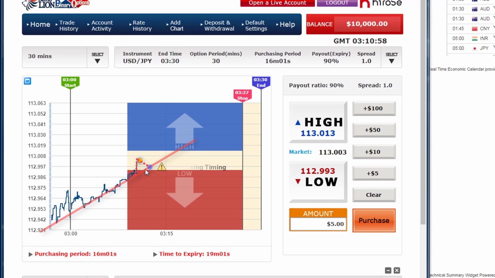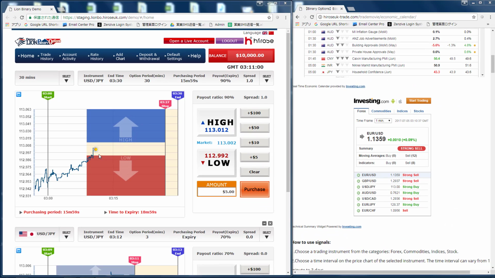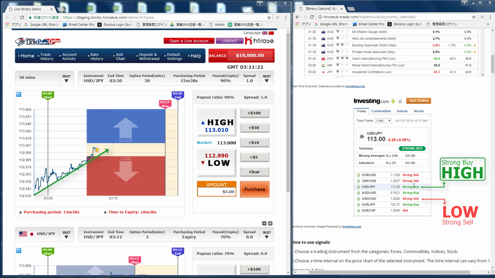And when you use this 303 strategy together with the signal, you just have to look at the signal that it gives out, whether it's strong buy or strong sell. If the 30 minutes chart is giving you an uptrend trend line, then you will have a look at the signal. Then if it says strong buy, it's a good time to purchase.